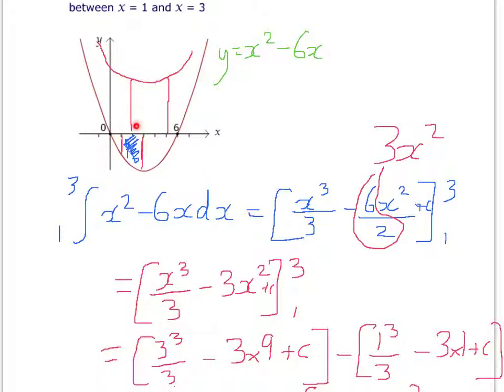So we're finding the bit underneath it. With the one that we're doing here, you're still finding the area between the curve and the x-axis, but this time, rather than it being below the curve, we're looking above the curve. That's why we end up with a negative value, because we're looking at the area above the curve.